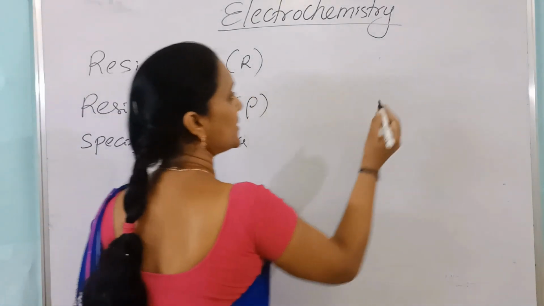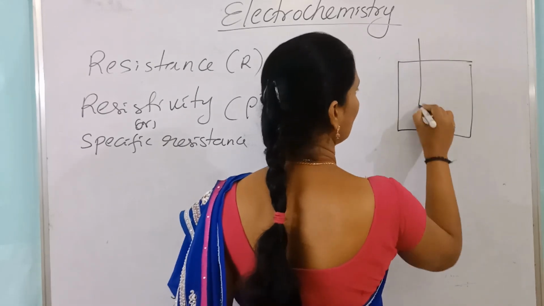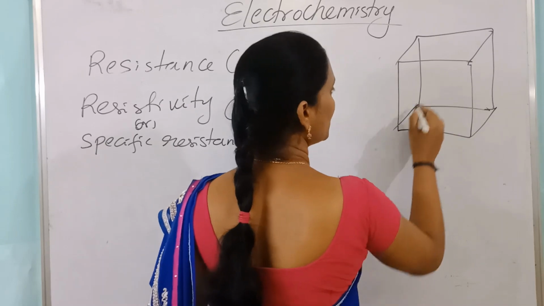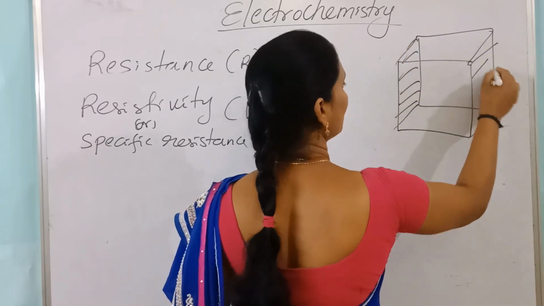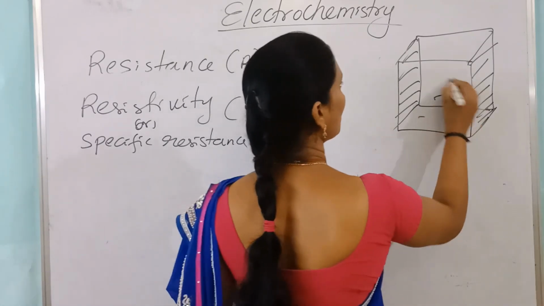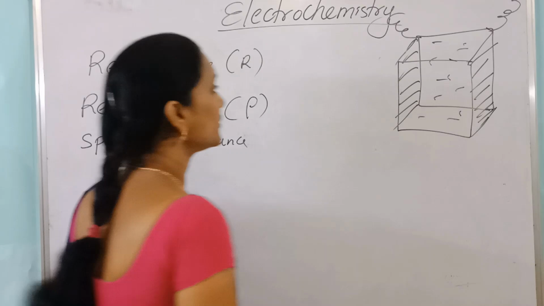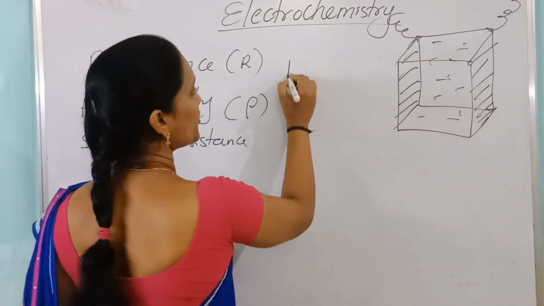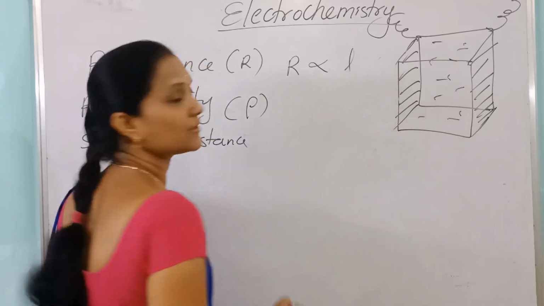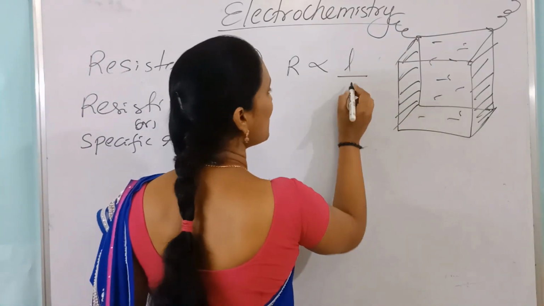Now, this resistance, electrodes, electrolytic cell. So here we are using electrolyte and electrodes. Now resistance is directly proportional to the length of the electrode, directly proportional to length and inversely proportional to the area of cross section.